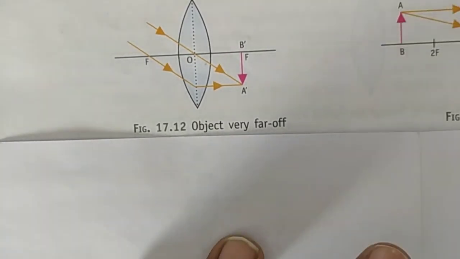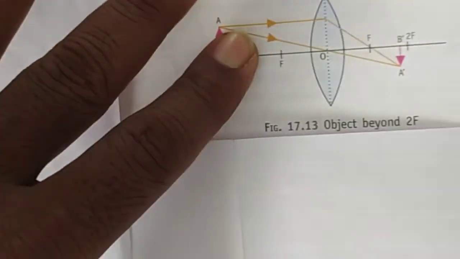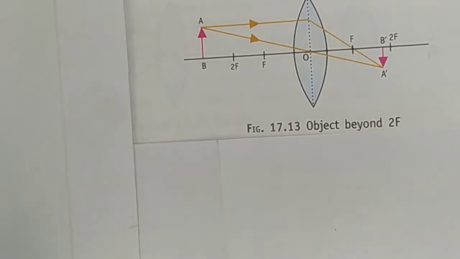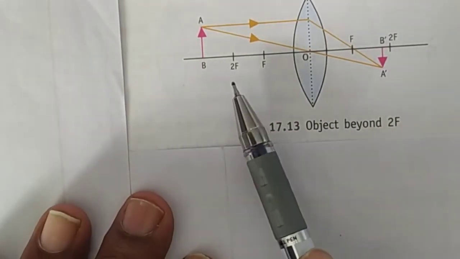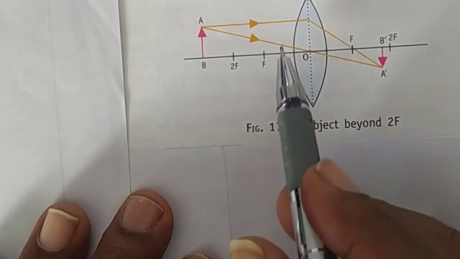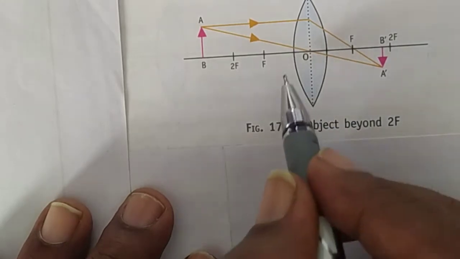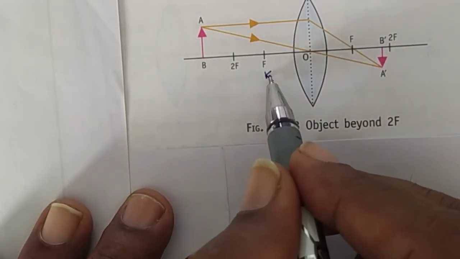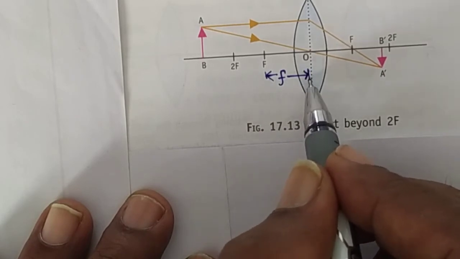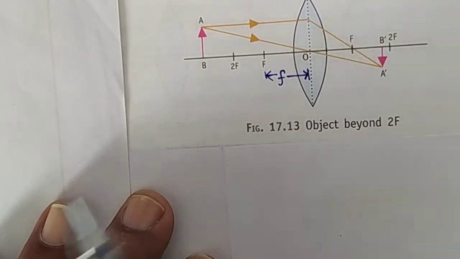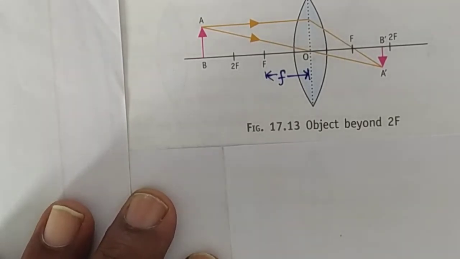Next, coming to the next situation, where we are keeping the object beyond 2f. What is this 2f? As you all know, F is nothing but focus. The distance between the optical center and the focus is called focal length.